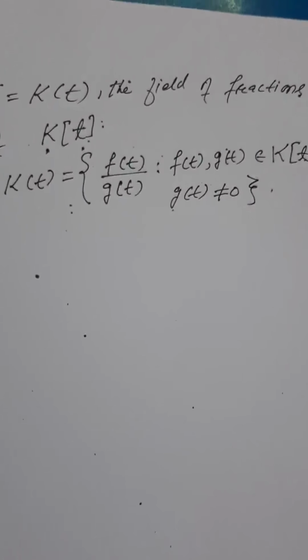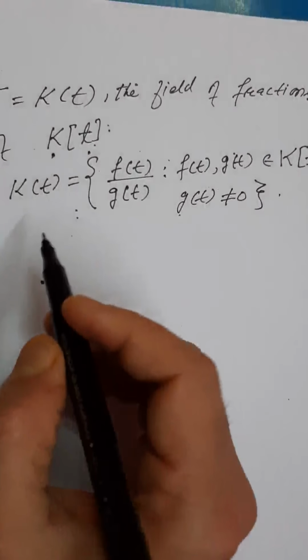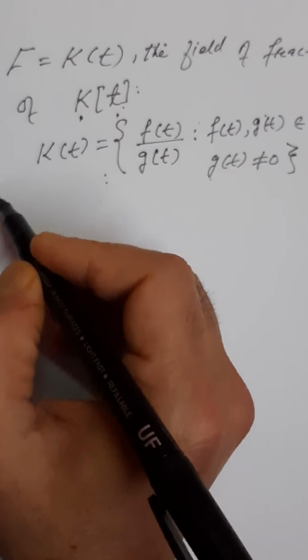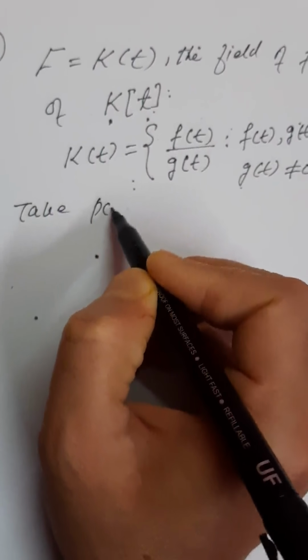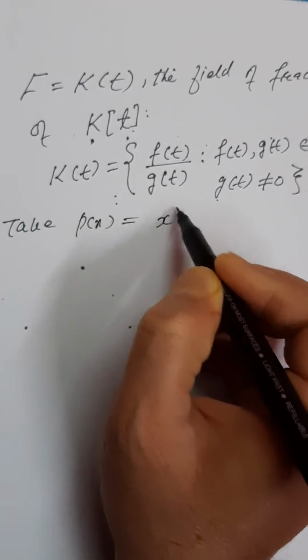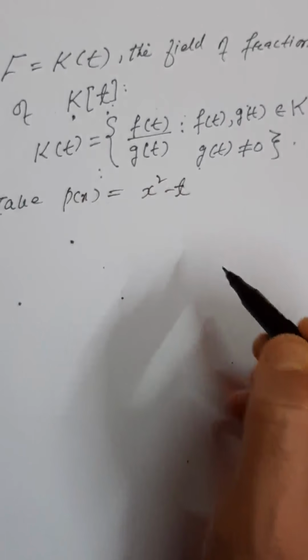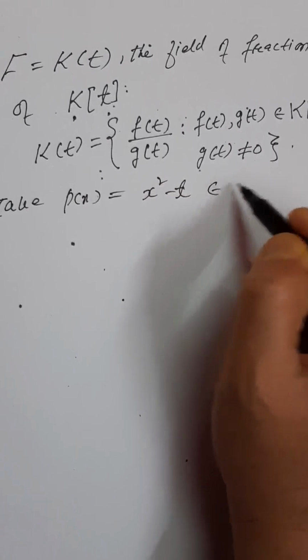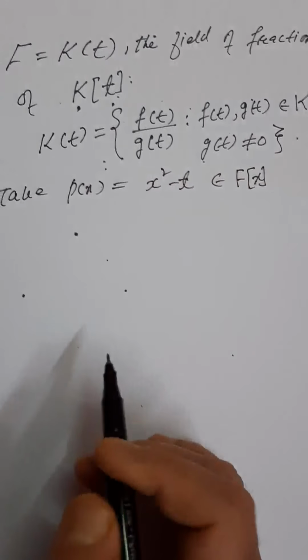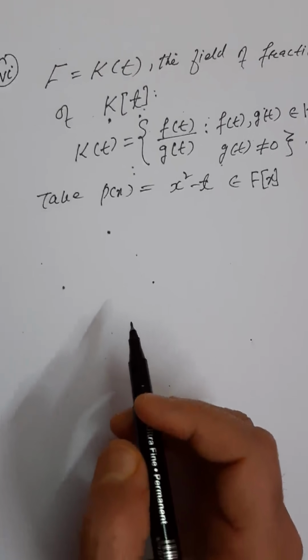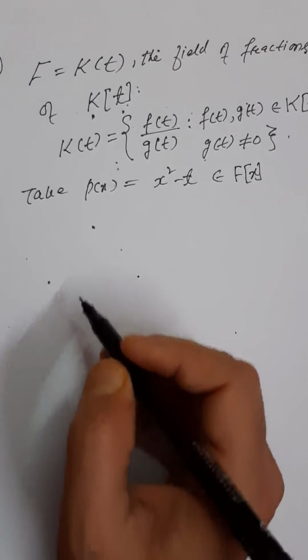Now you choose this polynomial in F[x]. Take p(x) equals x square minus t, belonging to F[x]. Then p(x) is irreducible in F[x].